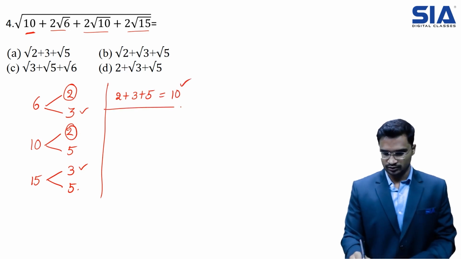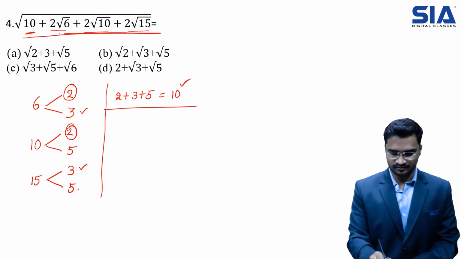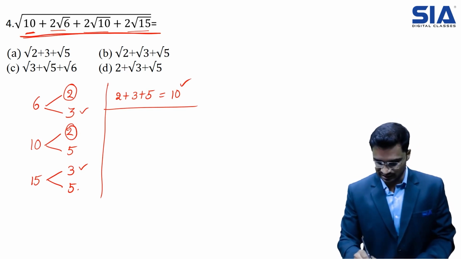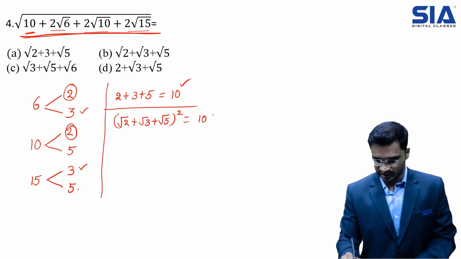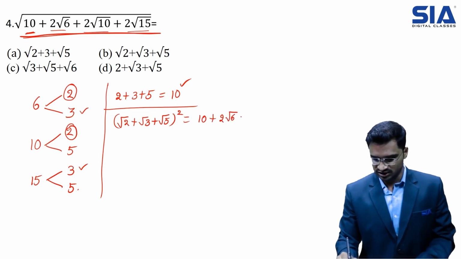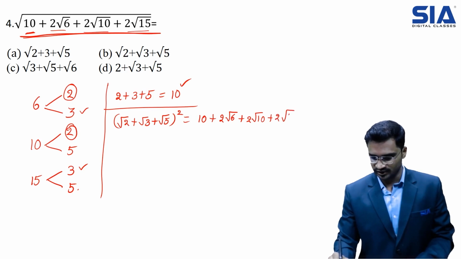So it is correct. So this particular equation is nothing but root 2 plus root 3 plus root 5 whole square is equal to 10 plus 2 root 6 plus 2 root 10 plus 2 root 15.